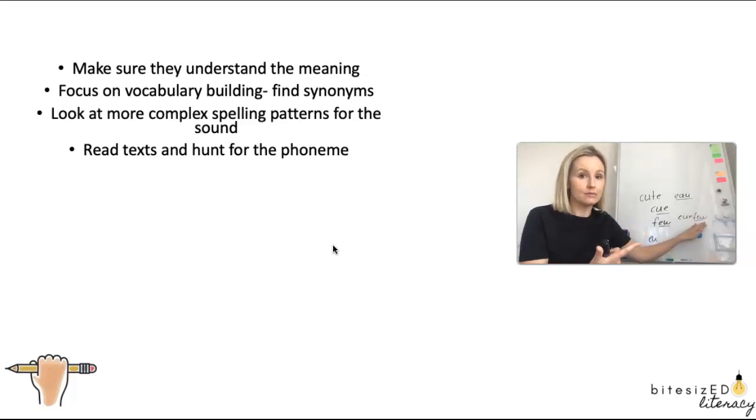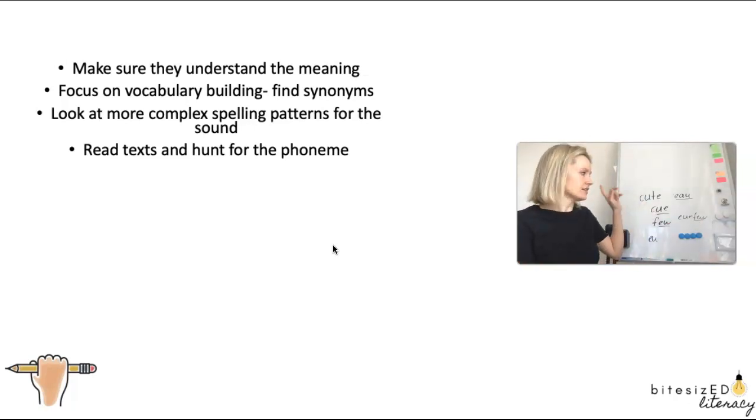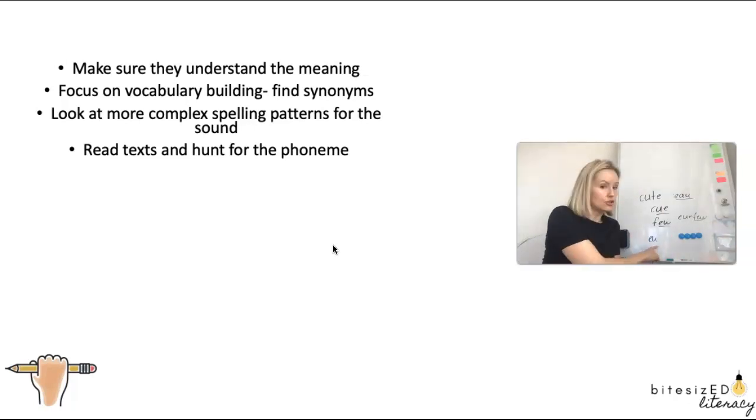So we need deep learning. But then the next step is going, okay, you know this spelling pattern, you know that spelling pattern, you know that one. Let's look at some other ones, okay? So let's look at things like the EU spelling pattern. Let's look at beautiful, for example, and remember that spelling pattern.